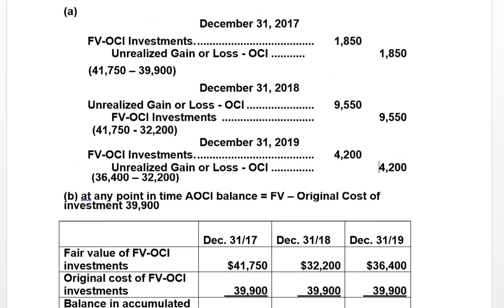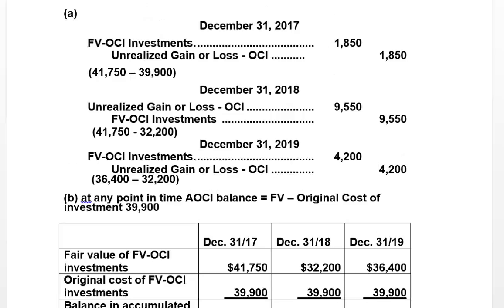Now, Part B is a little bit more of a theory question, to be honest. It's to determine the balances in AOCI at the end of 2017, 18, and 19. So you have to think back to some of the theory. We had said to you much earlier on in our course that all OCI unrealized gains and losses adjust AOCI.